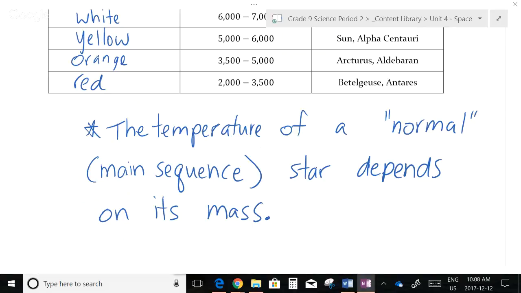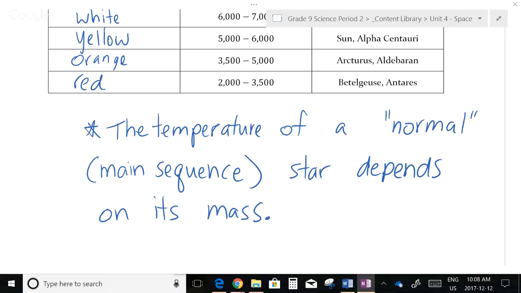Why might that be? Why would the temperature of a star depend on its mass? Good thinking. That's exactly right. Think of it this way. What would you expect to be hot?